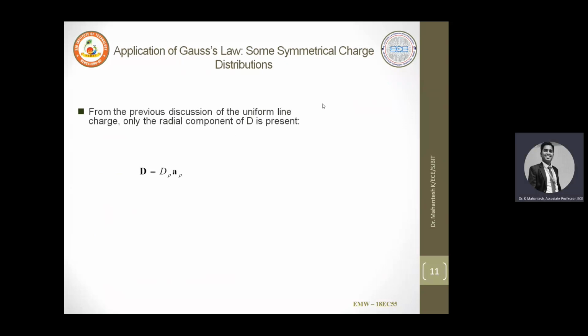From the previous discussion, we already tried to prove the application of Gauss law to the point charge. Now, we shall take the uniform line charge, where only the radial component of D is present. That means the flux density D will be equal to D rho in the direction a rho.